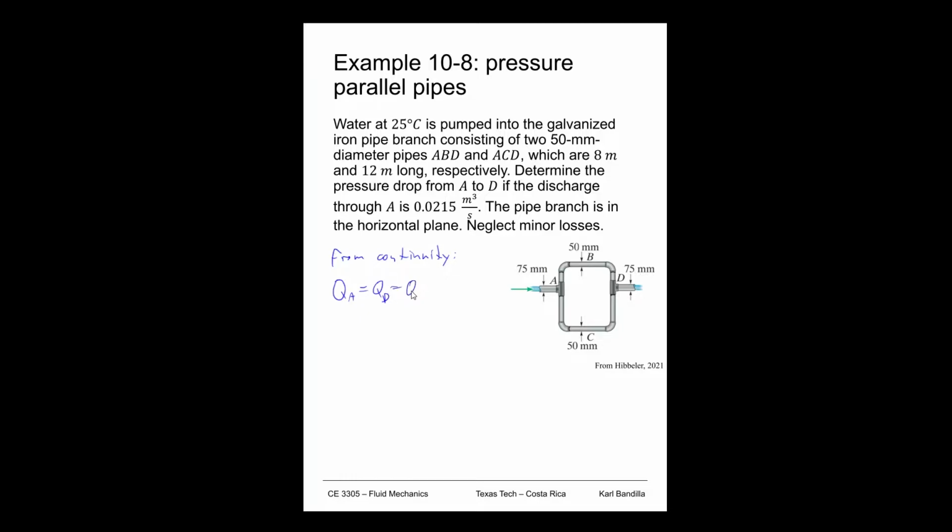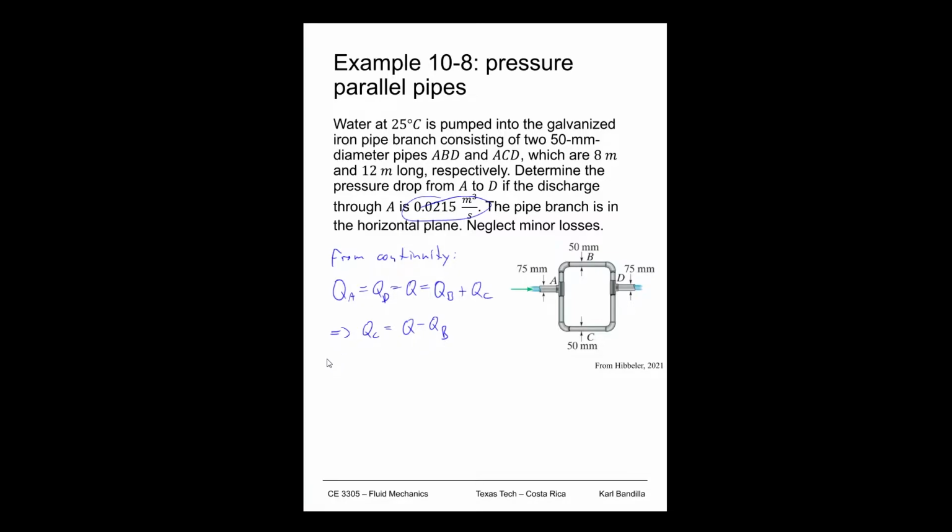That's the value that we're given right up there. We also know that has to be the same as the amount of water going through B plus the water going past C, right? So we can say that's equal to QB plus QC. All right, so we can solve that for one of the two. Let's solve it for QC. Means QC is Q minus QB.